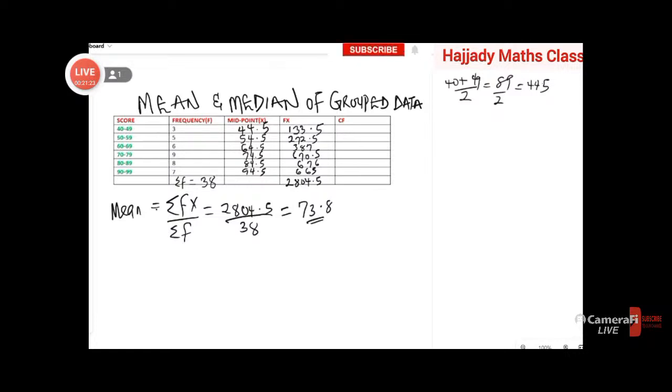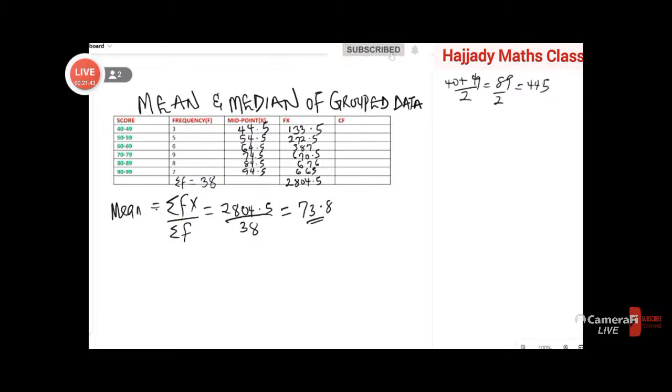This is our mean. So this is the average for these data sets. So you can see that the method for grouped data is quite different from the method for ungrouped data, being that here we need to calculate our midpoint because we need to know the average observation for this range of values. So this is the mean.